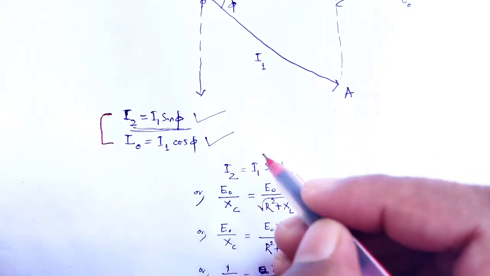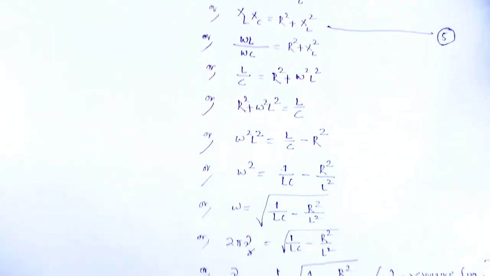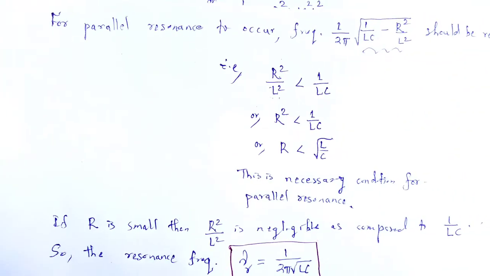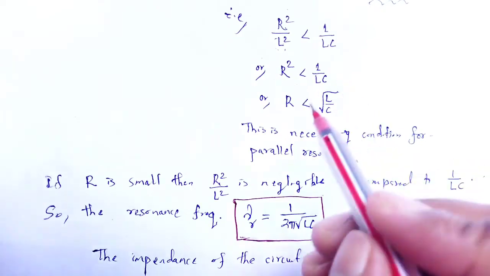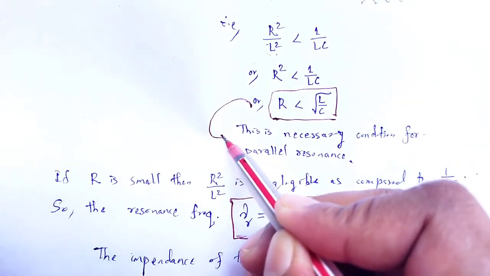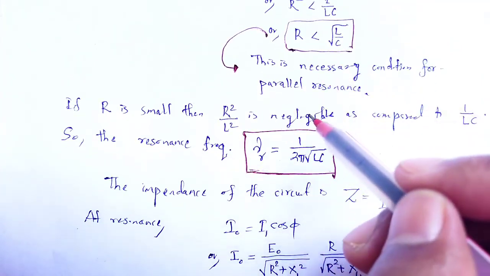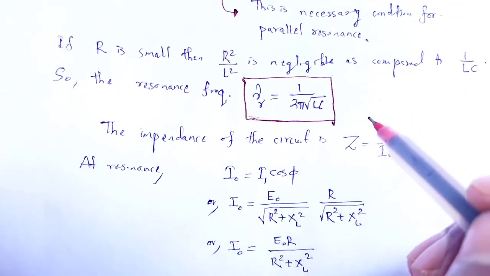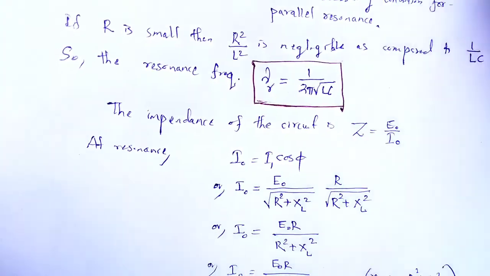First, we use the condition I2 is equal to I1 sin phi. So here we achieve the resonant frequency. For parallel resonance to occur at a given frequency, this is the condition. And at the second condition of resonance, I naught is equal to I1 cos phi.